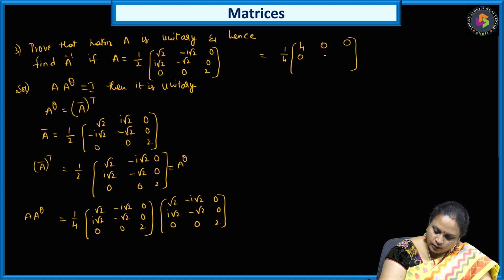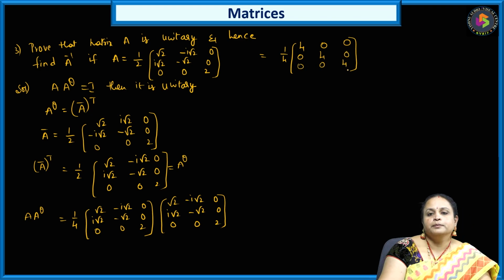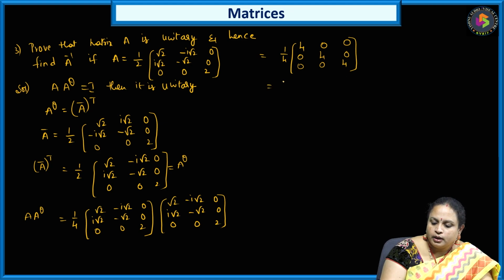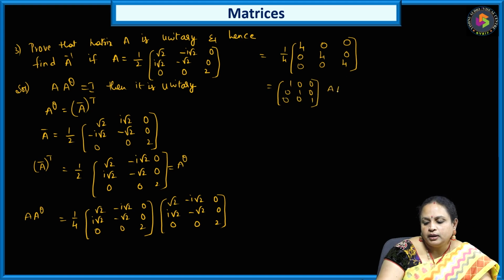Then this will be 2 plus 2, 4. And this will be 0. And 0, 0, 2 to the 4. So what we are getting? 1 0 0, 0 1 0, 0 0 1. So A into A power theta equal to I.